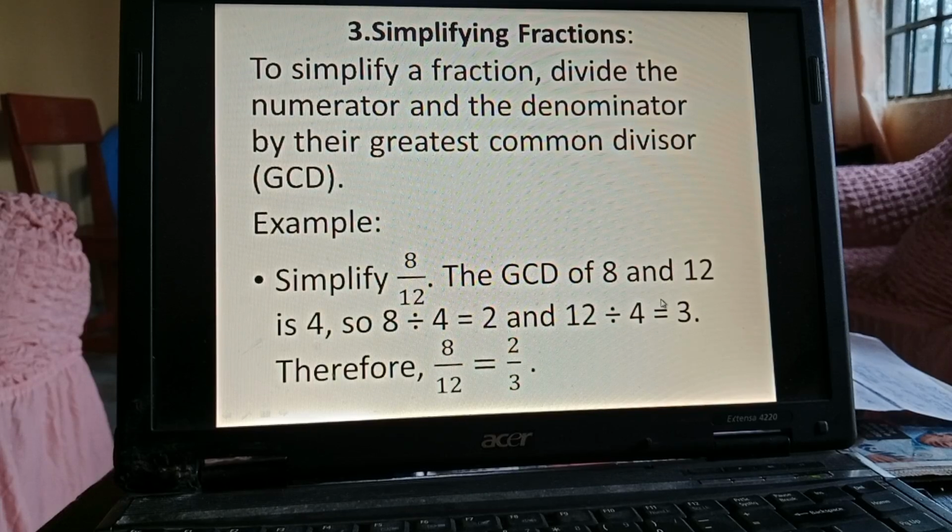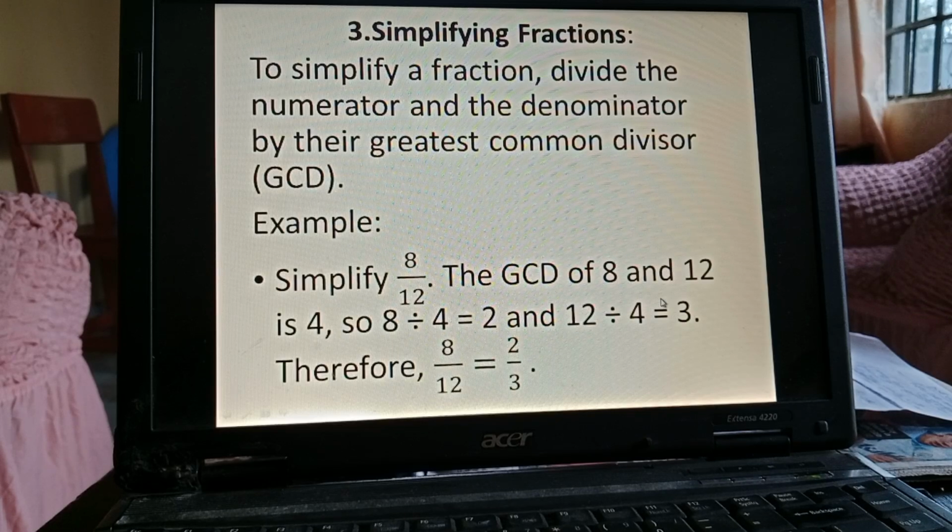Simplifying fractions is our next agenda. To simplify a fraction, divide the numerator and the denominator by their greatest common divisor, what we call GCD.